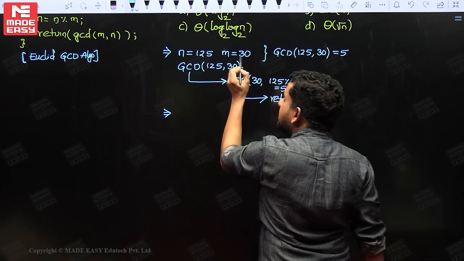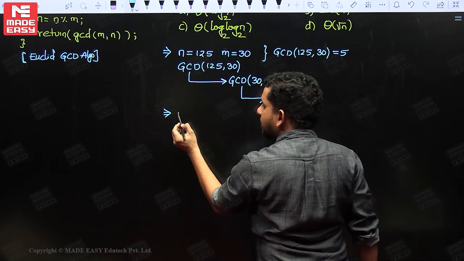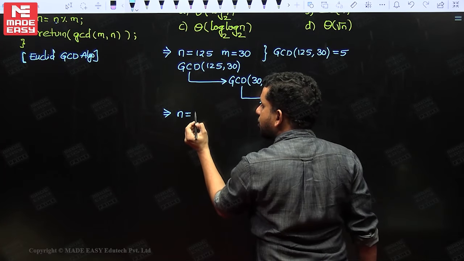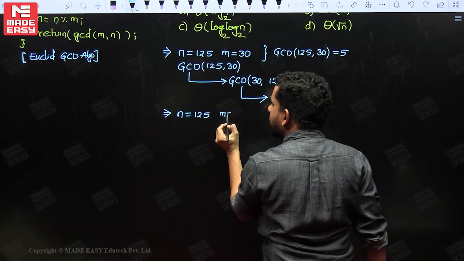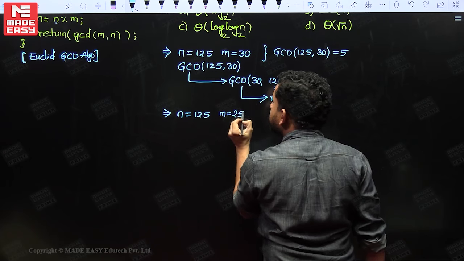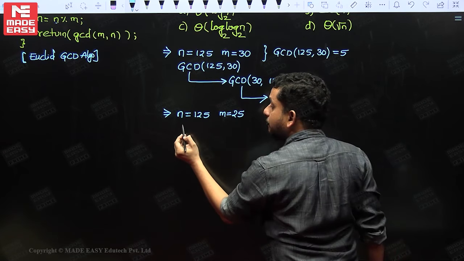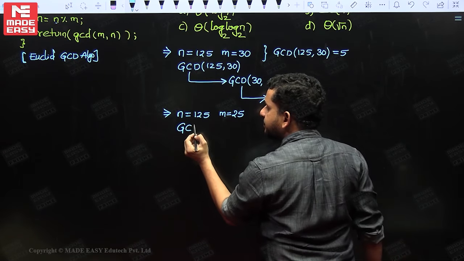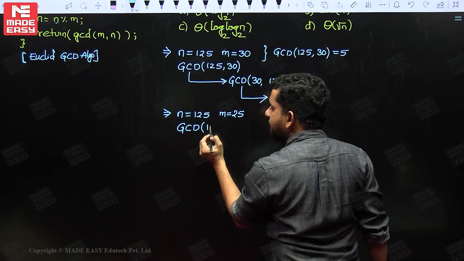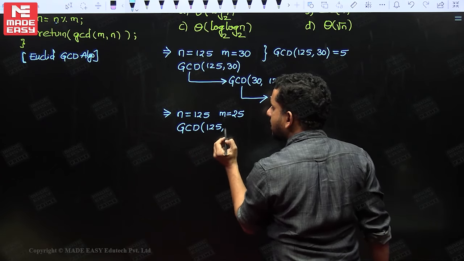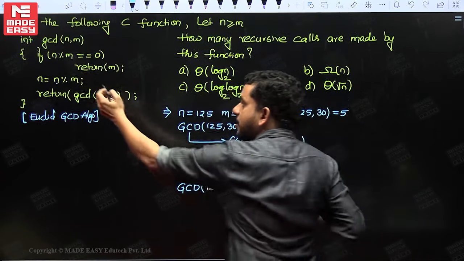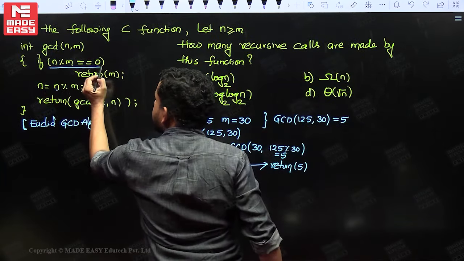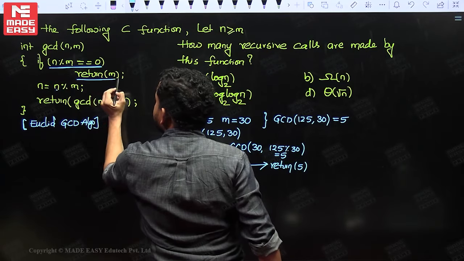By chance n is divisible by m. So let's say n equal to 125 and m is 25. If n is divisible by m, then only one function call executes. GCD of 125 comma 25. It computes n modulus m, which is 0, so directly it returns m.